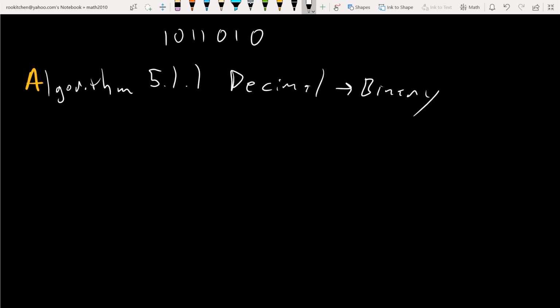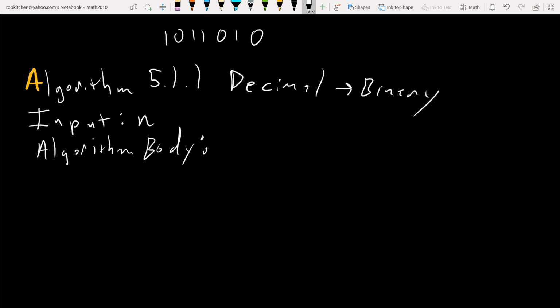Still good practice to fool around with your computing code, but you probably have bigger projects to worry about if you're doing computer stuff. Input is going to be some n value. In our case, above it was 90, and then the algorithm body. You'll define q to be n and start i at 0, and then you have a while statement.